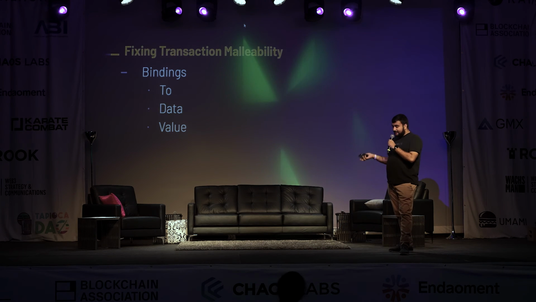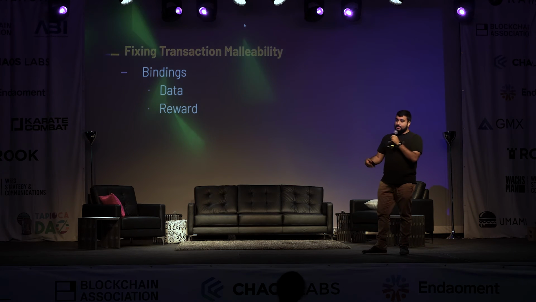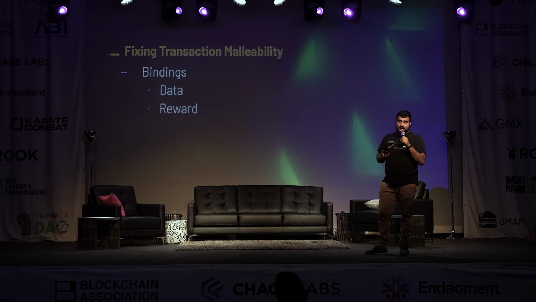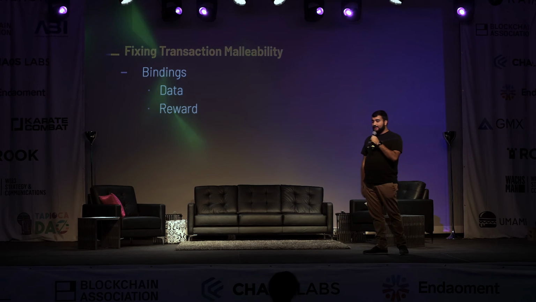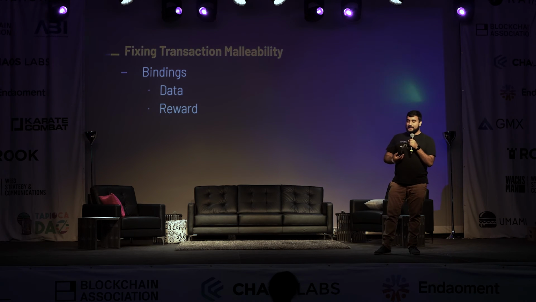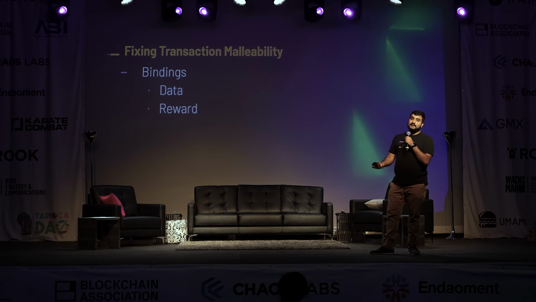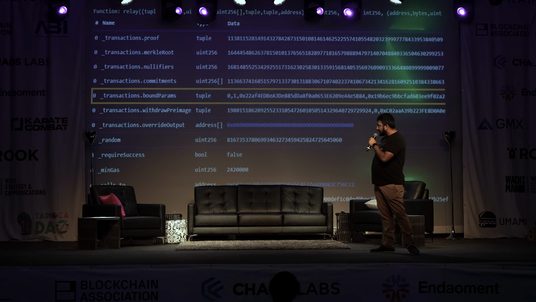So we've got 2 data value fields for a regular ETH transaction, but we've got the data and reward fields for your meta transaction. You'd have whatever arbitrary steps you want in your data, and of course you want to sign the reward because you don't want the relayer to alter how much they get from you for submitting the transaction. You want to make sure that you know ahead of time how much you're paying the relayer, right?